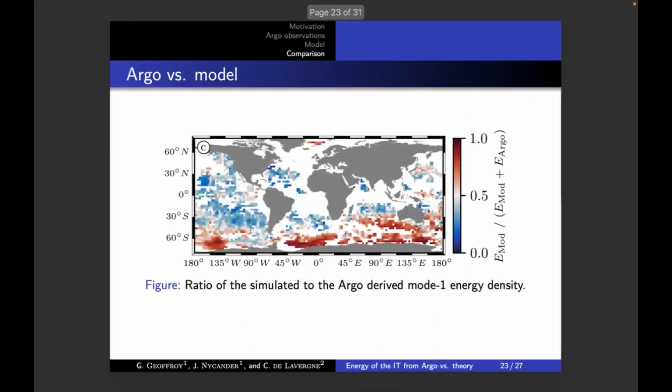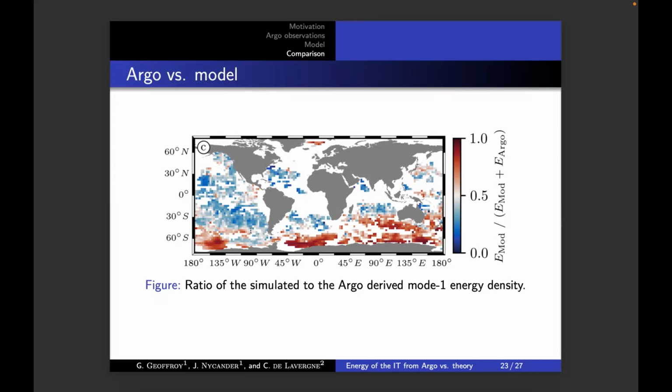But then to see the variability and the differences between the two, I plotted here the ratio of the model to the Argo, or proxy for this ratio. So wherever you get blue color, it means that Argo is large compared to the model, and red then that the model is large compared to Argo.